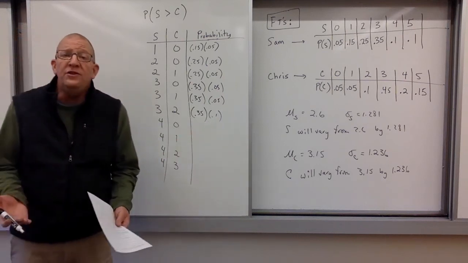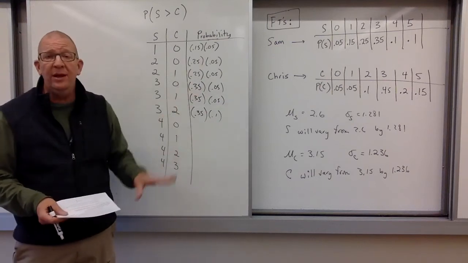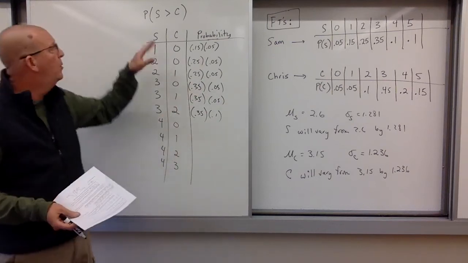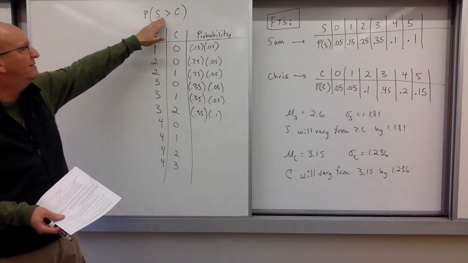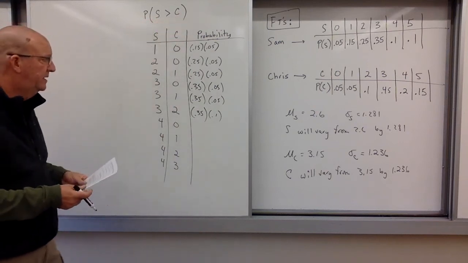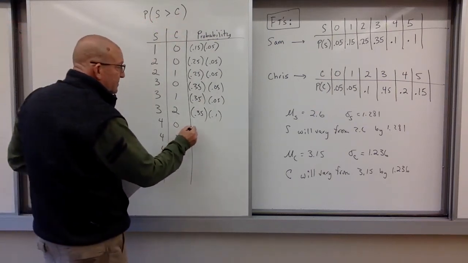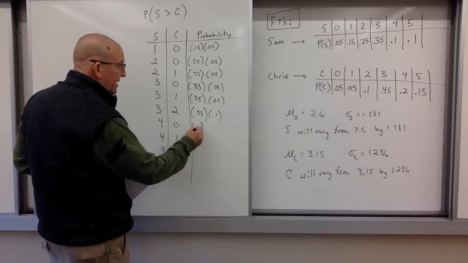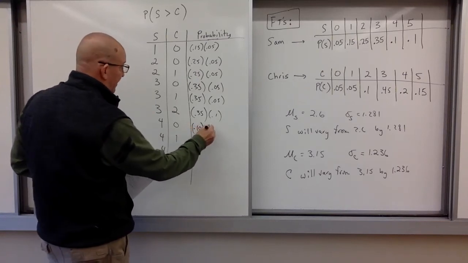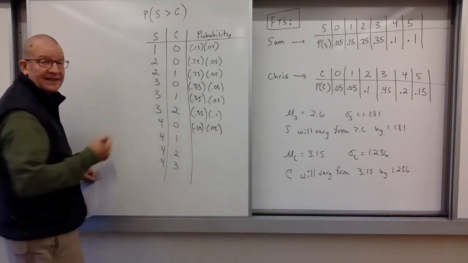But these are all the different ways Sam can win, because remember, we're looking for the probability that Sam makes more than Chris. Okay, 10% times 5%. That's a highly unlikely outcome, isn't it?